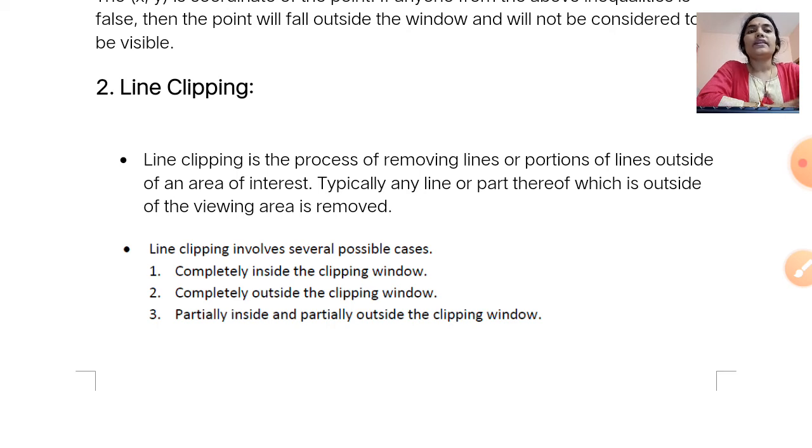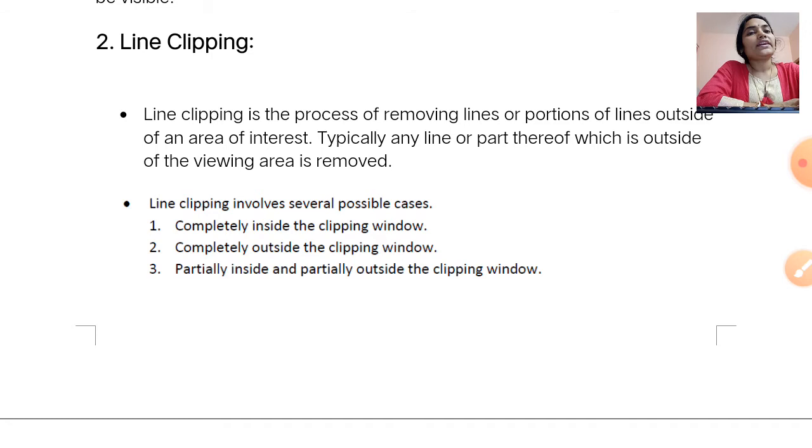Typically, any line or part thereof which is outside of the viewing area is removed. The portion which is inside the viewing area will be visible, and which is outside the viewing area will be discarded or removed.